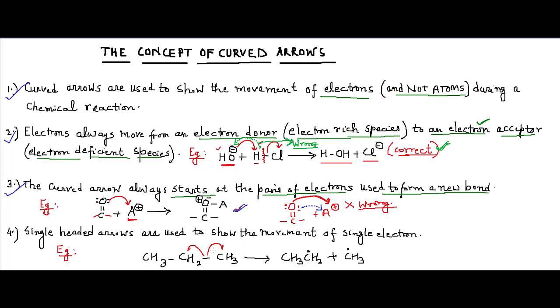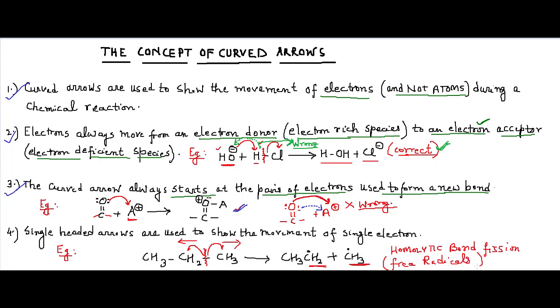This shows a kind of bond breaking known as homolytic bond fission, where the electrons of the bond are distributed equally when it breaks. One electron goes towards this part and one electron goes towards that part. That is why we have one electron with the CH3 CH2 species and one electron with the CH3 species, and so we get free radicals.